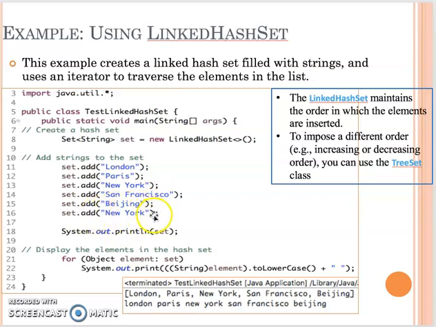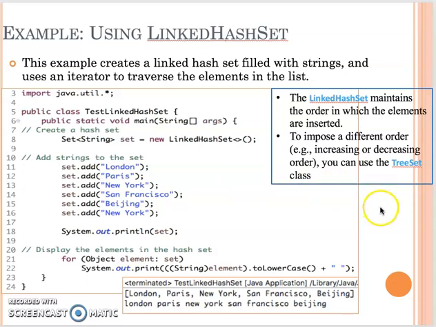The duplicate New York is not added into the linked hash set. So the linked hash set maintains the order of the inserted elements, while the hash set follows the hash code method, so it has its own order.